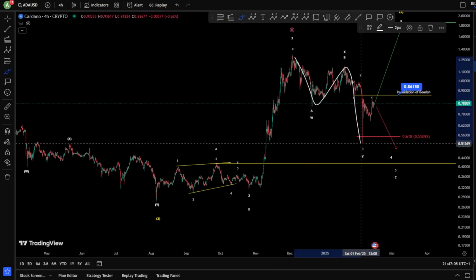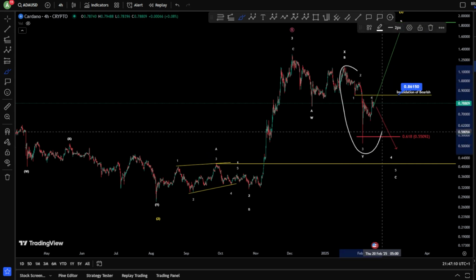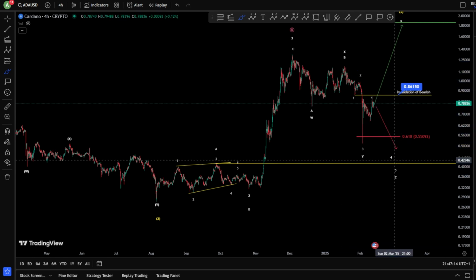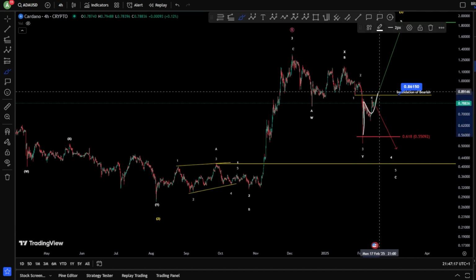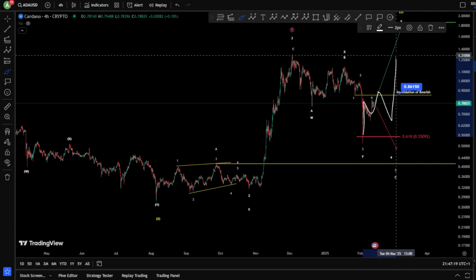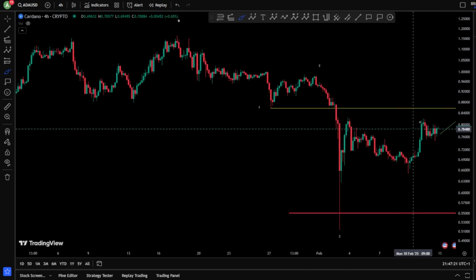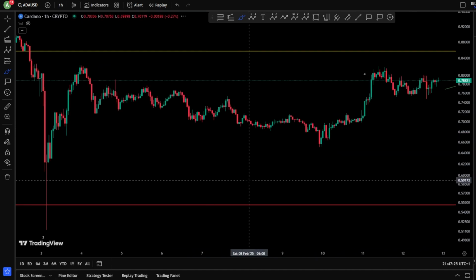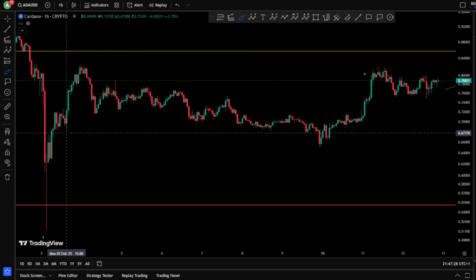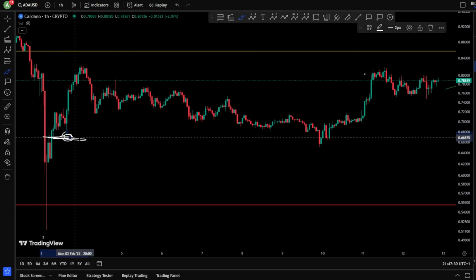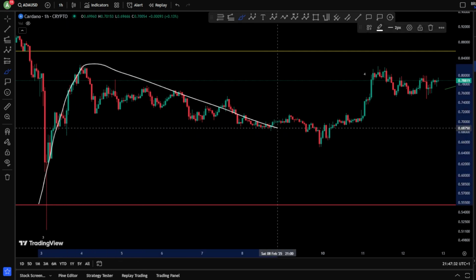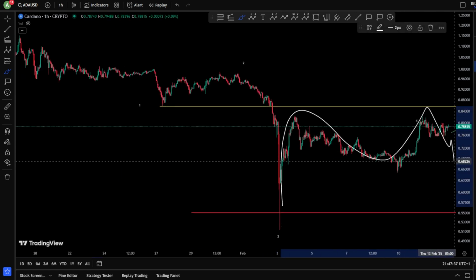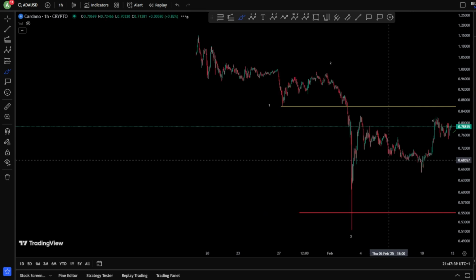Now, of course, highest possibility still for the impulse, since it is not invalidated yet, so I'm still seeking for a wave 5, only in the case that we get invalidation and then continuation toward the upside. A quick overview in the 1 hour chart to give the highest possibility. 1, 2, 3, 4, your wave 4 invalidated this impulse, so there is no 1, 2, guys. This is a corrective and possibly still moving toward the downside.